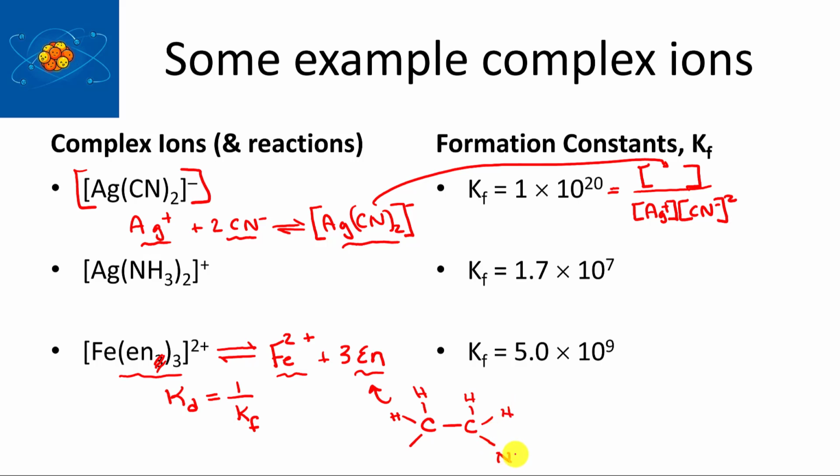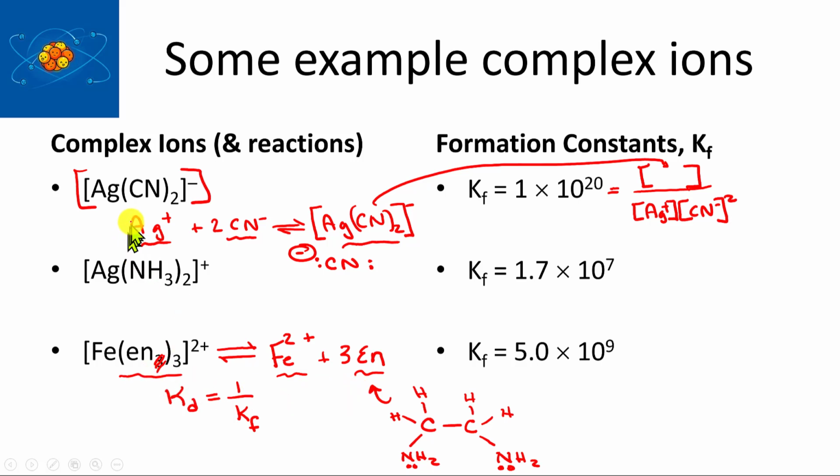And then you have amine groups on the ends like this. So that would be ethylene diamine. And so that's en. It's a neutral, it's an amine, it's a Lewis base because it has lone pairs on it. Cyanide would also be a Lewis base because of the lone pairs of electrons, and what they do is they bind to the d orbitals of the metal ion to form the complex ion.